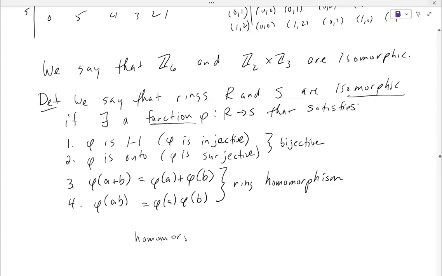Now, if I take a homomorphism plus injective, so if you have a 1-to-1 homomorphism, that's referred to as a monomorphism.